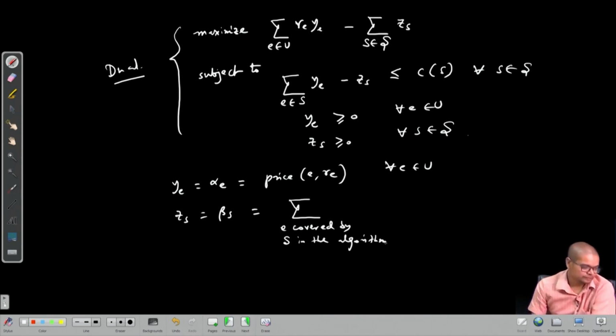That means in the algorithm, the algorithm picks this set S to cover certain copies of the elements. So when S is picked, that means e was alive.